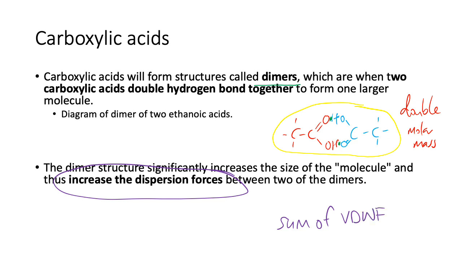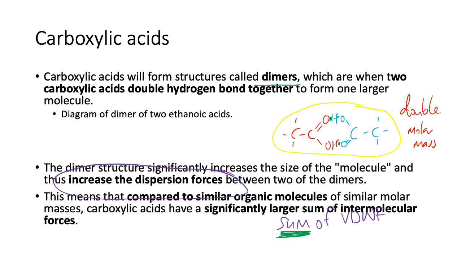Always remember, we're talking about the sum of forces. Okay? So, that means compared to similar organic molecules of similar molar masses, carboxylic acids have a significantly larger sum of intermolecular forces because of their significantly greater dispersion forces. Okay, so it's effectively doubling the size.